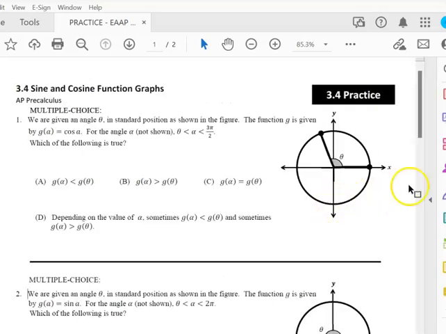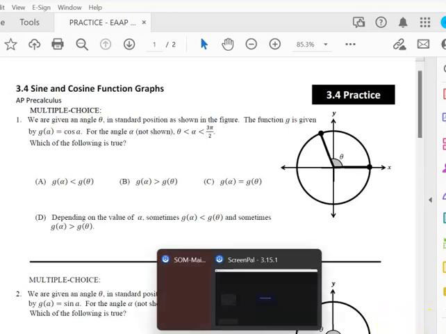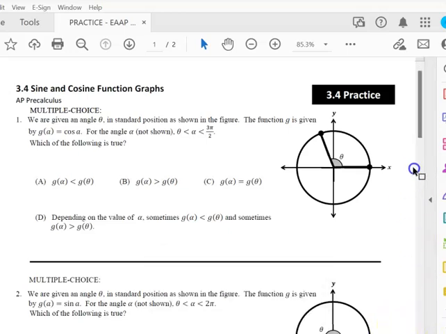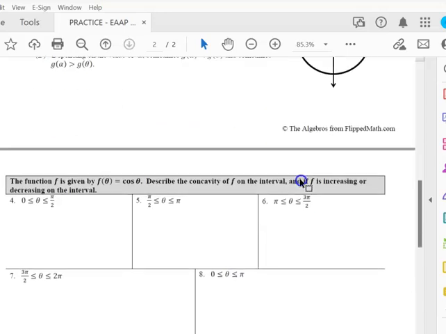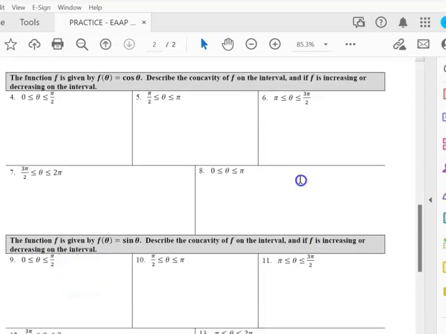All right, so looking at our practice sheet that's here, and let me get the scale back where I want it. Well, we'll just go with it here. So question 1 we just went through. Question 2 and question 3 are similar. Now I go down here to questions 4 through 8 and questions 9 through 13.